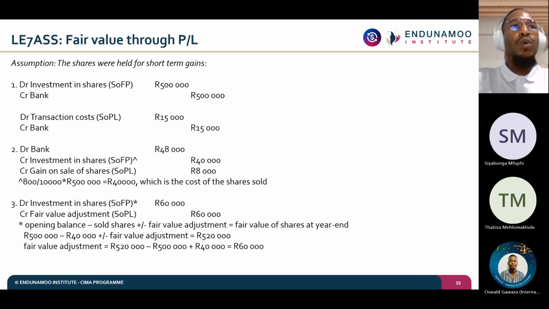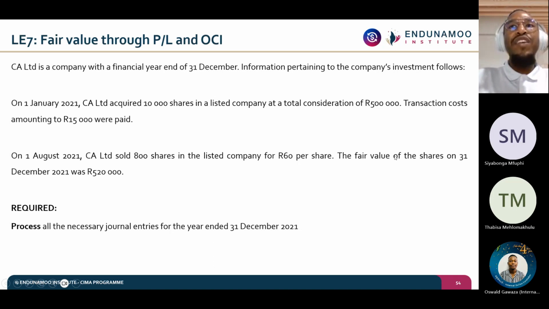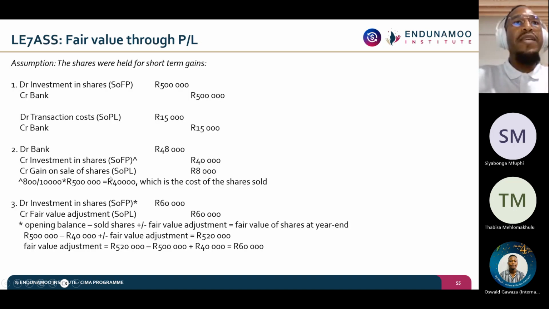Thereafter, we are told that at the end of the year, the fair value of the shares was 520,000. This therefore means that at the end of the year, because we are holding these financial assets in accordance with the fair value model through P&L, we need to ask, what is our carrying amount on the 31st of December?